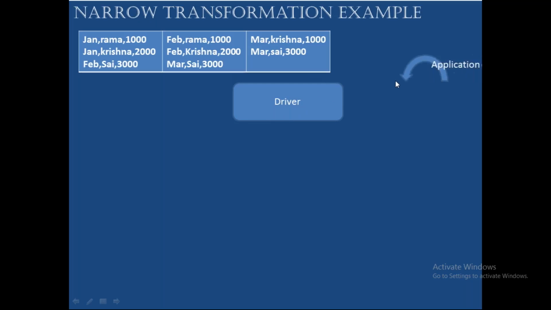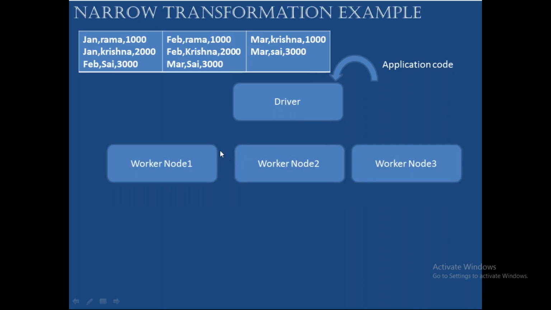On this driver program I will submit my application code, and I'm going to instruct it what to do. Internally, the driver program interacted with the cluster manager, and the cluster manager started these three workers. Now, on the application code I submitted in the driver program, the driver program will give instructions to these workers.